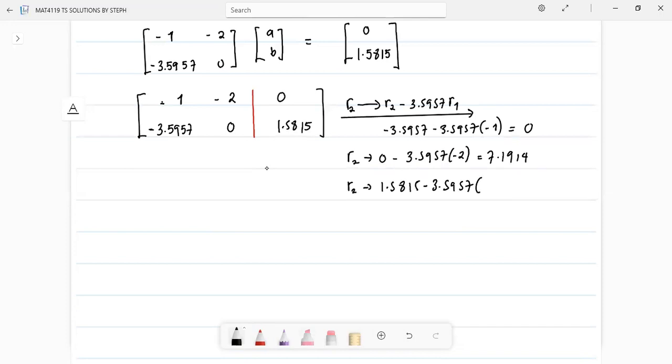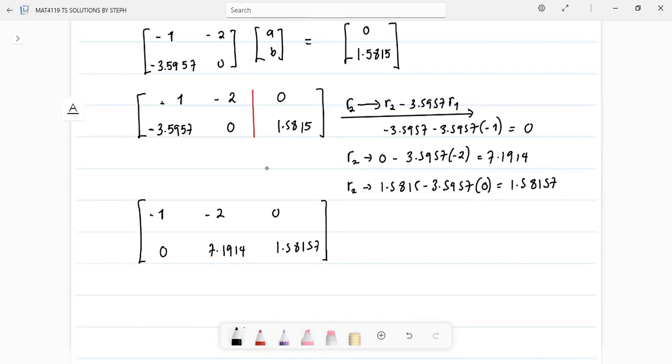Our row 1 element is simply 0, so nothing will change about it. Now let's write the new matrix. Our new matrix becomes negative 1, negative 2, 0. Here remember it's 0, and then the new element is 7.1914, and then you have 1.5815.